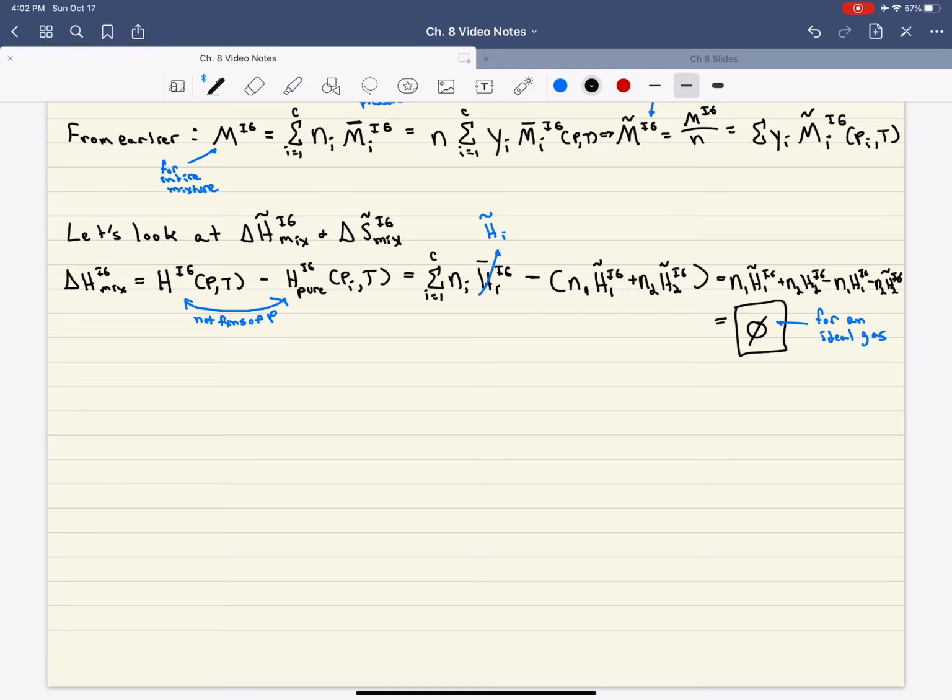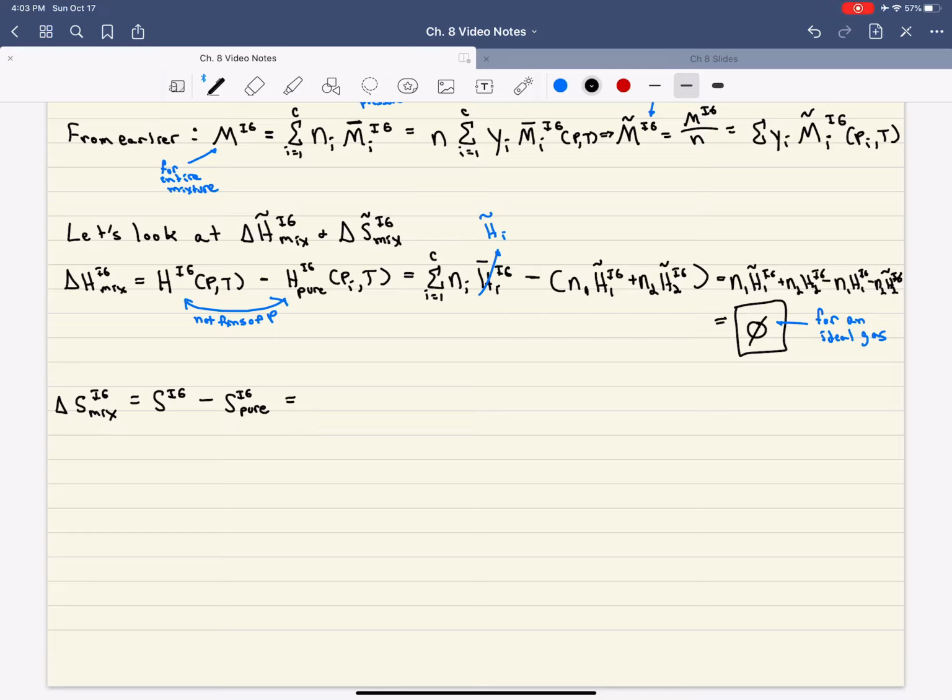So we looked at enthalpy. Let's now look at entropy. And this one's a little bit trickier. So delta S mix for an ideal gas. Here we would be looking at the entropy of the entire mixture, and then here we would be looking at the entropy of the pure components.